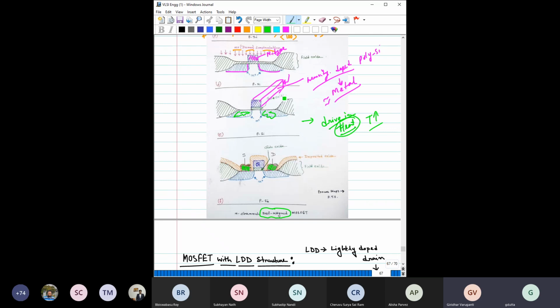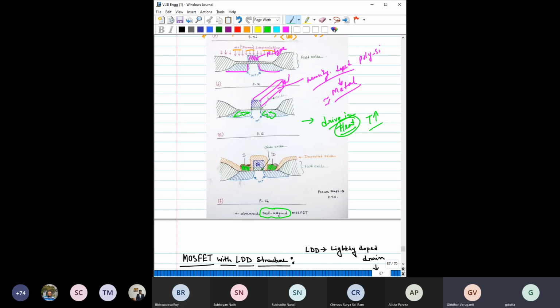So as a result, there was no other way but for the fabrication people to switch from metal to polysilicon gate. So that was the reason why there was a shift from metal to the polysilicon gate. Okay. However, you should also know that in modern transistors, polysilicon cannot be used any further.